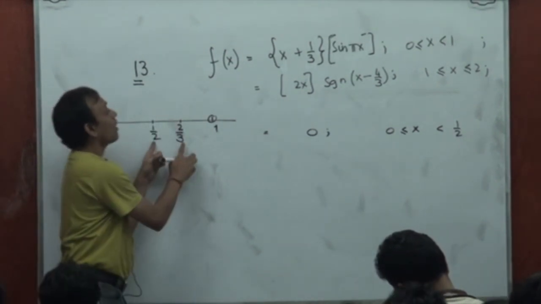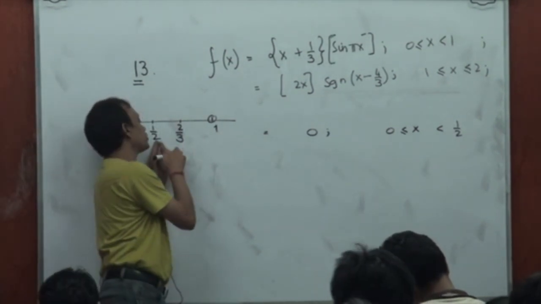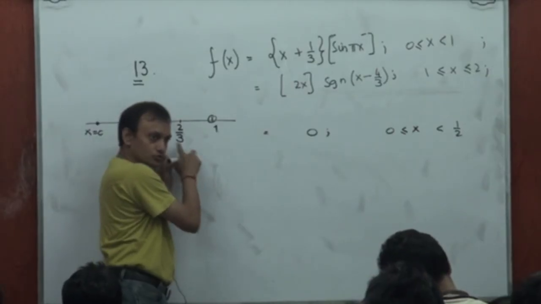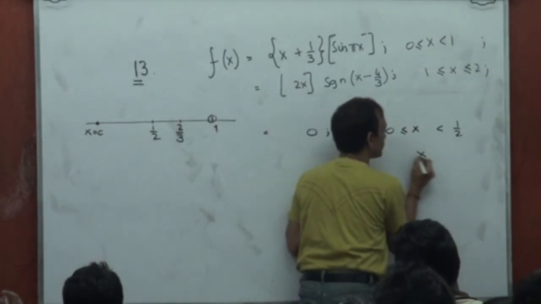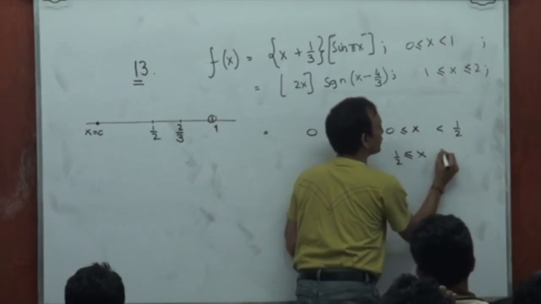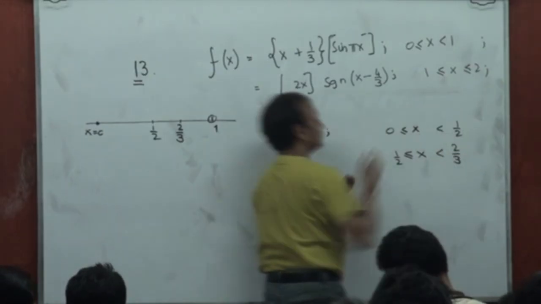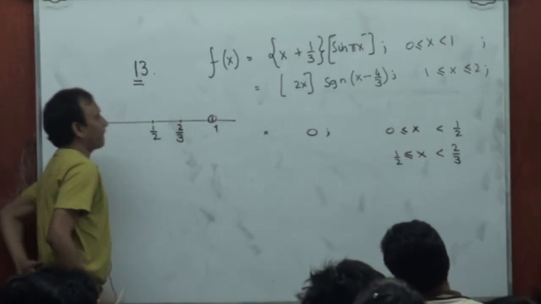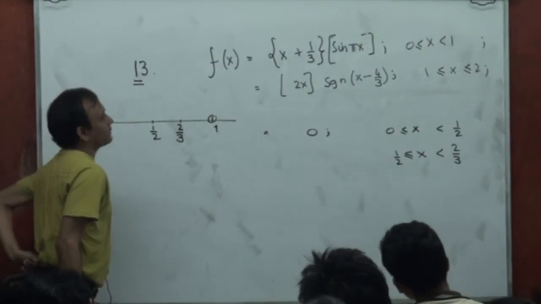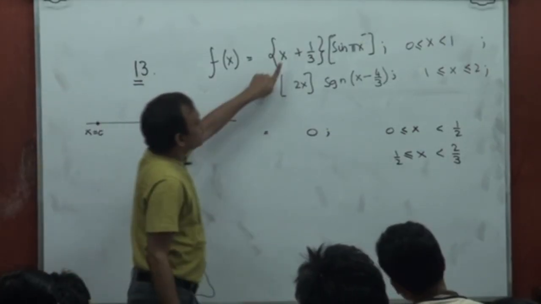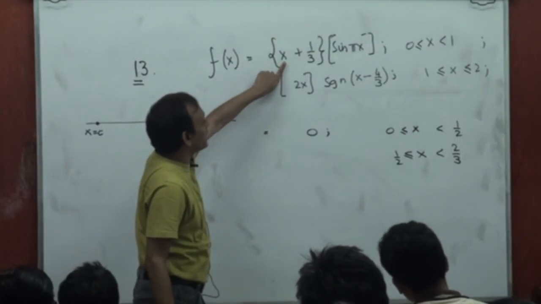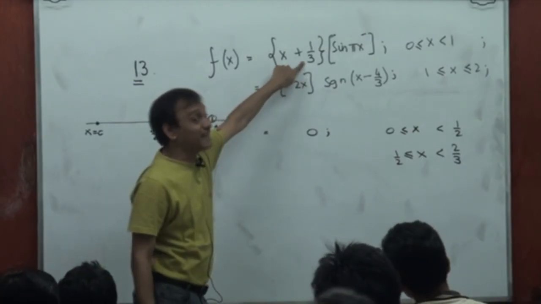And then half to 2/3, greater than or equal to half but less than 2/3. Okay, so then this will lie between 5 by 6 and but less than 1.